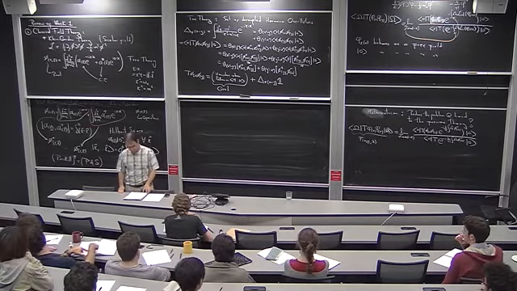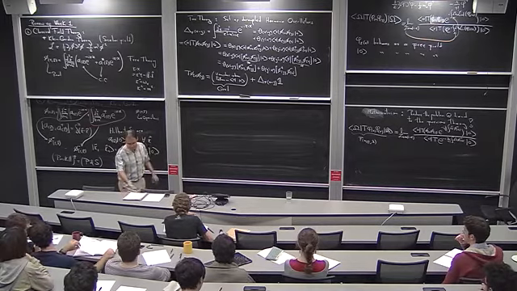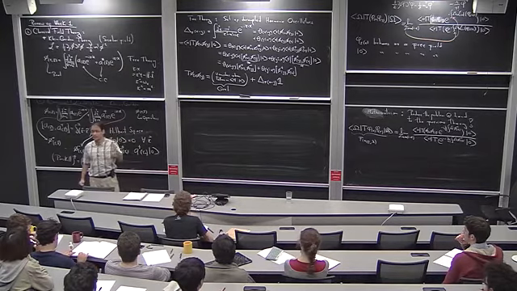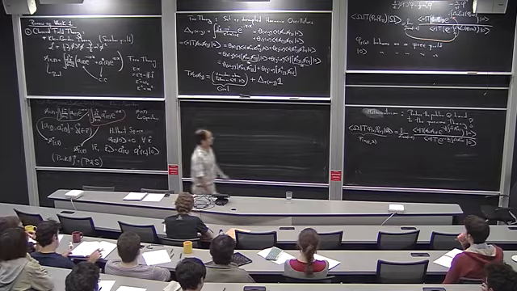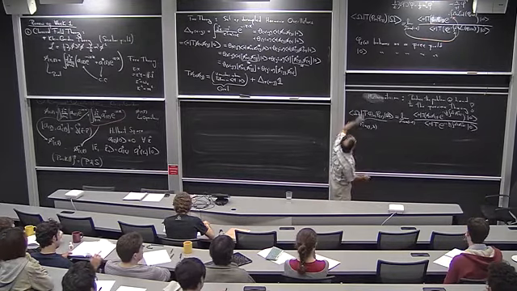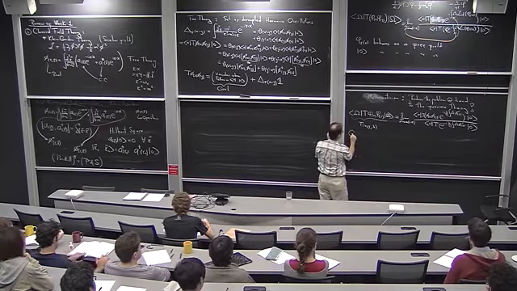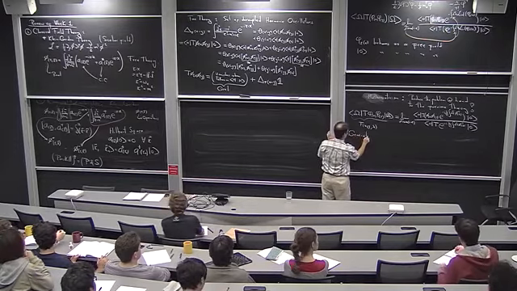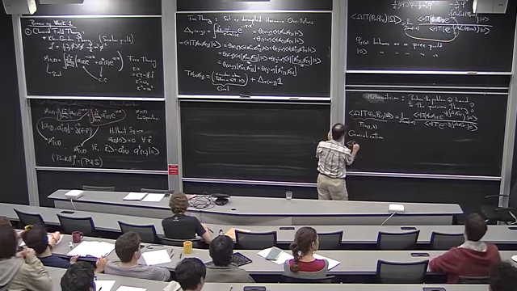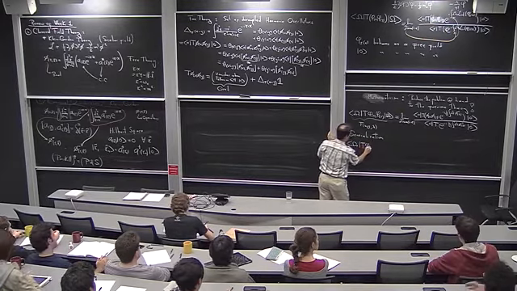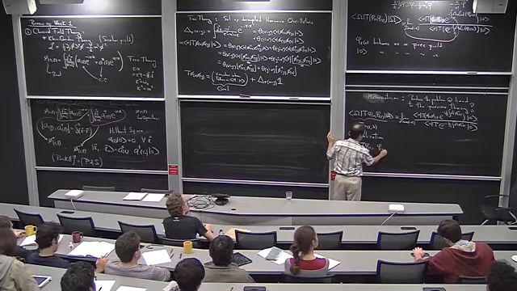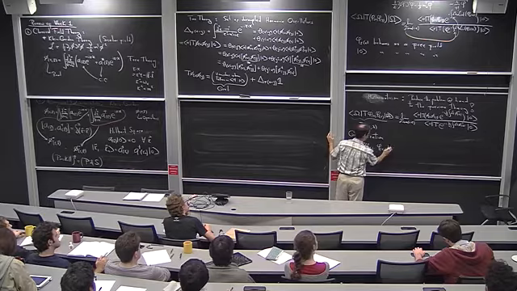Oh, but I remember now, well, I didn't remember, but it's in my notes. I asked you to generalize that formula to the case where we have any number of operators inserted inside the time ordering.